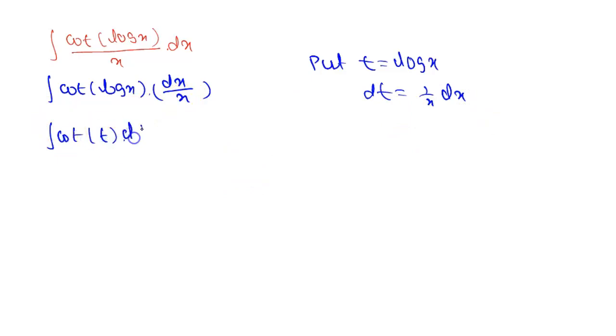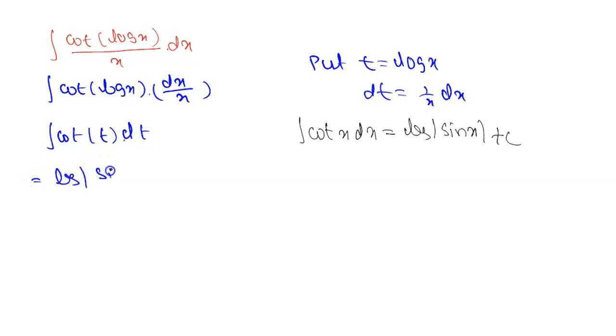So cot t into dt. Here we have the formula: integration of cot x dx is equal to log mod sin x plus c. So this equals log mod sin t plus c, but t value is how much? log x. So the answer is log mod sin of log x plus c. This is the answer for this question.